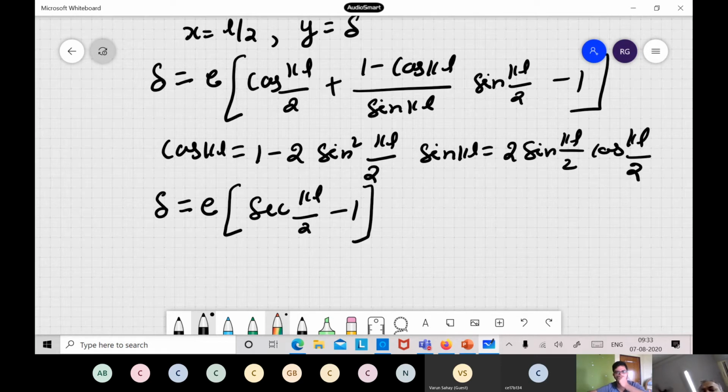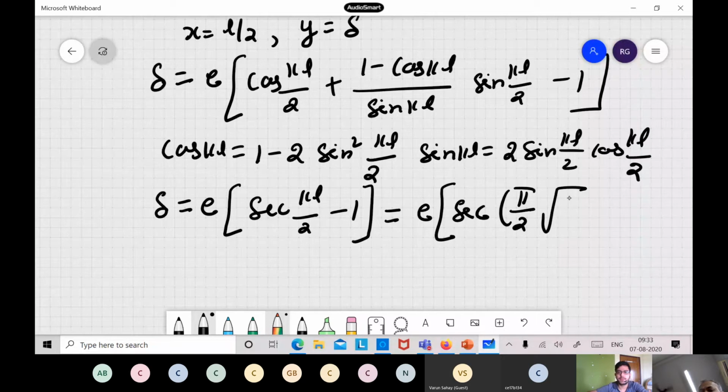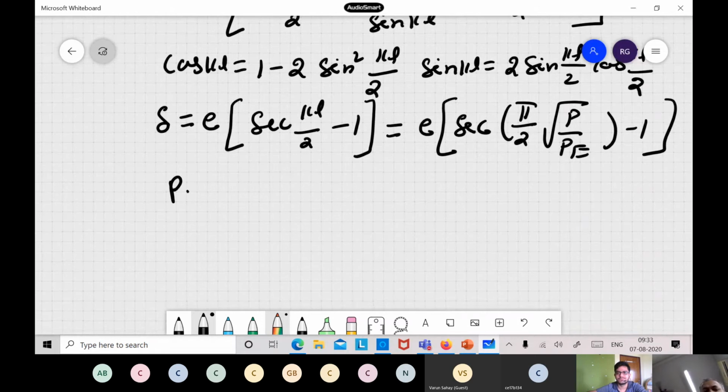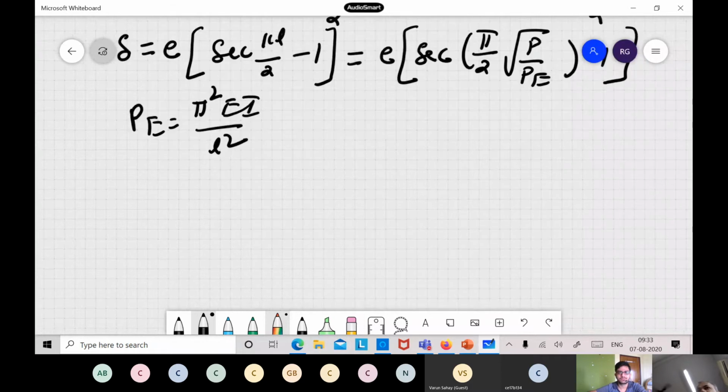Or if you want to write it in terms of normalized buckling load, you can write this as e into (secant of pi by 2 root of P by PE, minus 1), where PE is your Euler's buckling load. This is a non-dimensional quantity. So this is the expression for deflection.